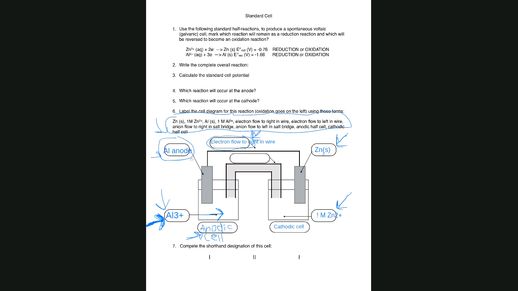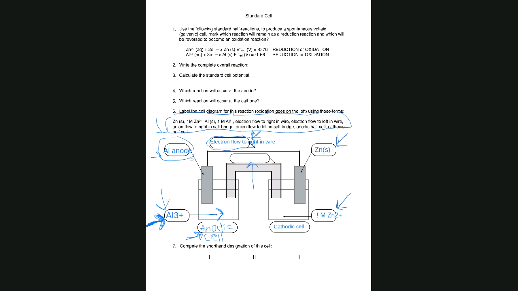For this one up here, the answer that this worksheet had on it was the anions flowing from the left, which does make sense. The anions are going to flow from the right. But really, it's more important to track the cations.